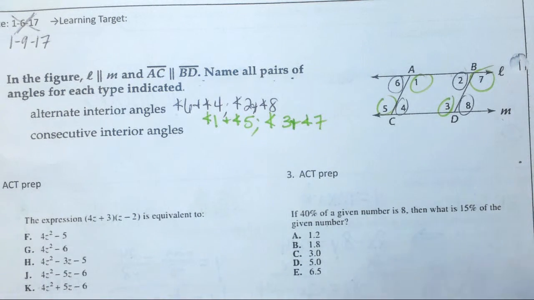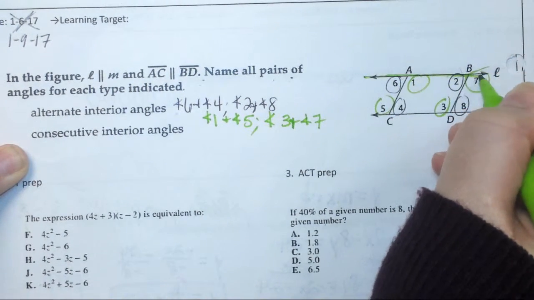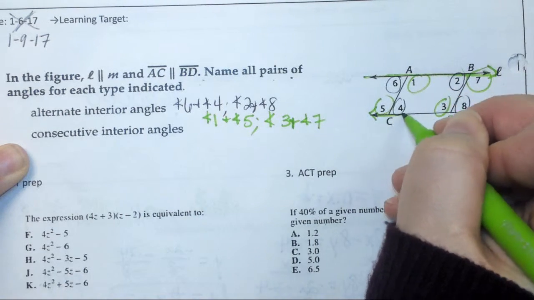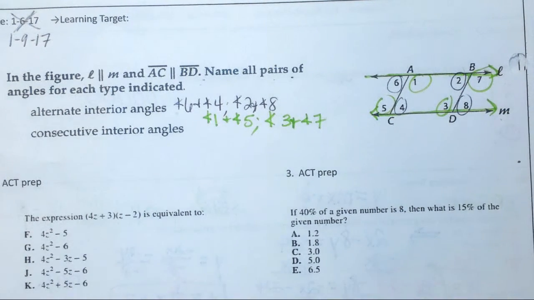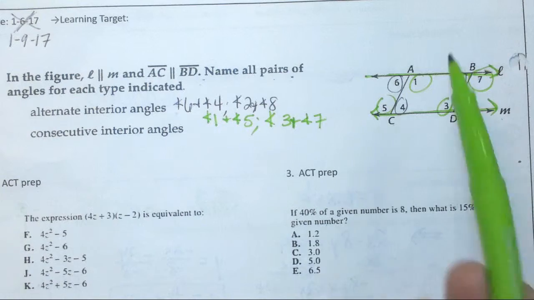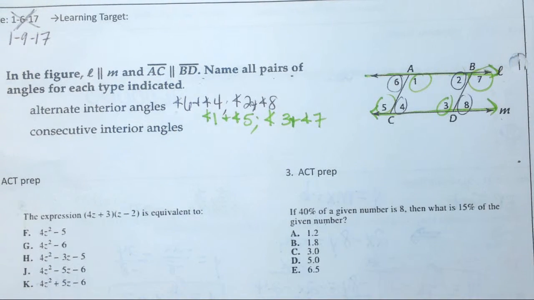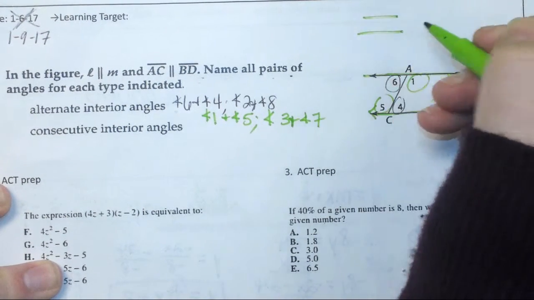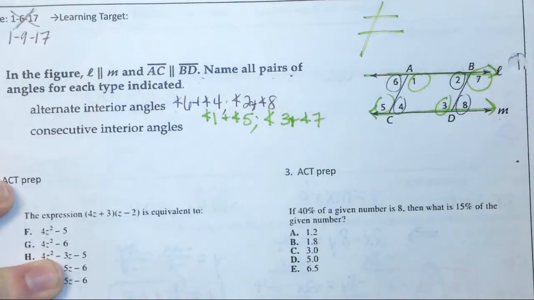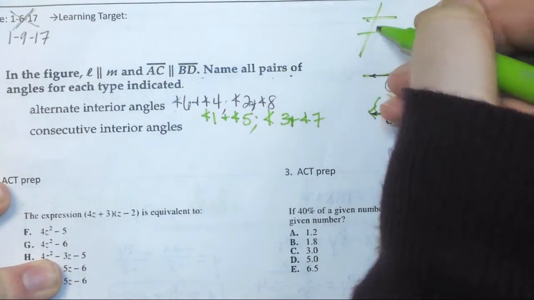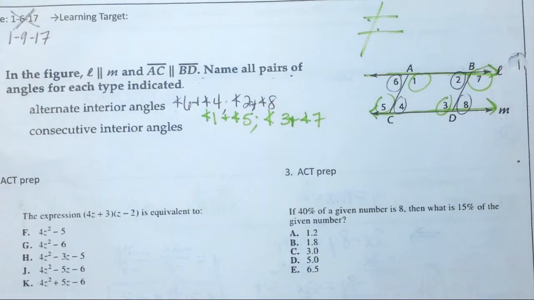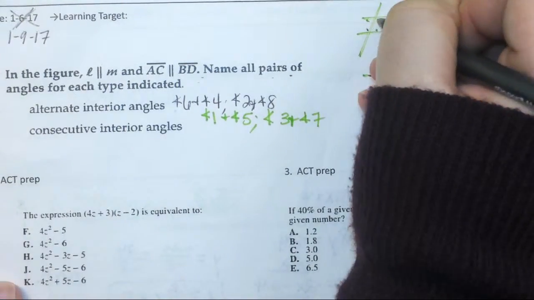But that's just dealing with line L being parallel to line M and this line being the transversal. Because if you read over the directions, it says that L is parallel to M, which means that line's a transversal, hence why me and you said these two are alternate interior and these two are alternate interior.